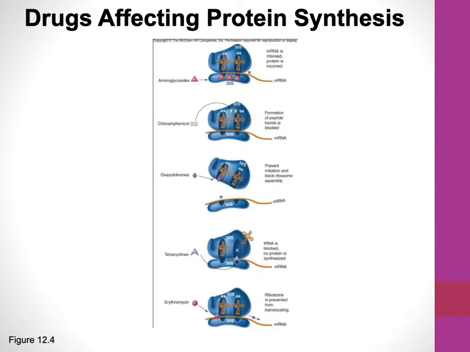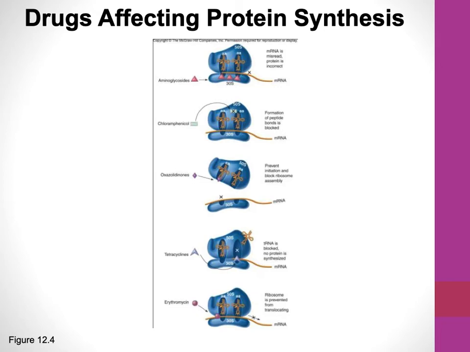It brings an amino acid in, shifts down to the next codon. You have another transfer RNA coming in with an amino acid. You get a peptide bond, and then you continue this translocation down the RNA in order to make your protein, right?